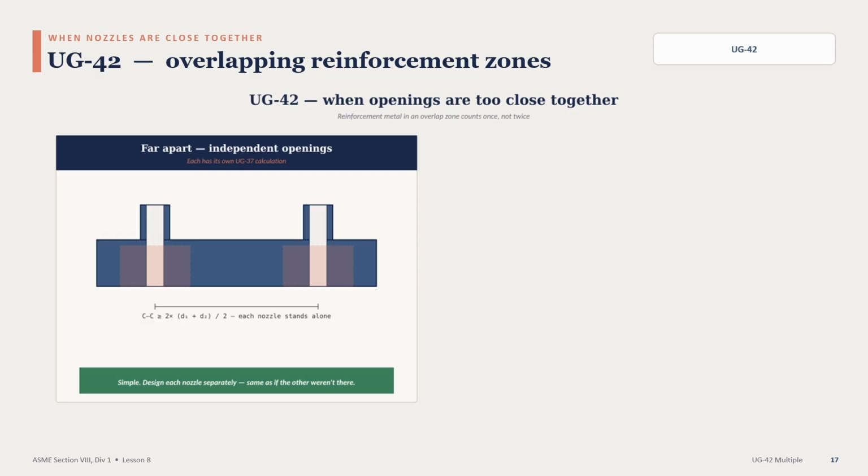Simple case: design each nozzle independently, same as if the other were not even there. Rule of thumb: if the center to center distance is at least twice the average of two hole diameters, they are independent.